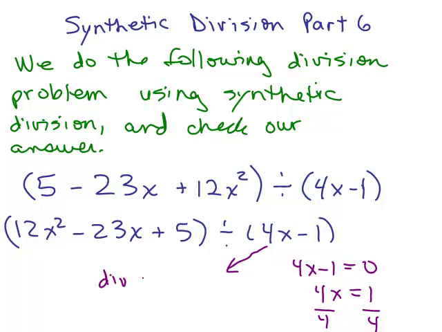We divide the coefficients in the quotient by 4. So if you want to use synthetic division instead of long division here, if there's a coefficient in front of x, you have to divide the quotient by that coefficient.